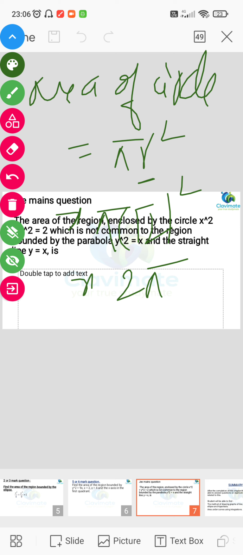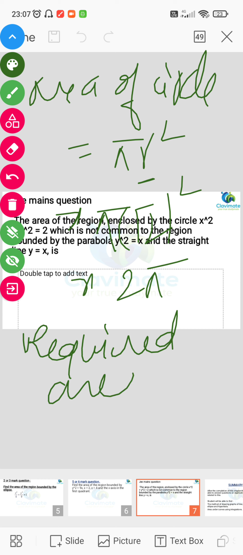So now the final area is required, or I can write it as the required area. Required area is pi r square minus 1 by 6.